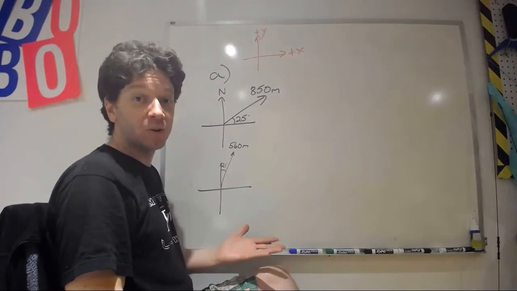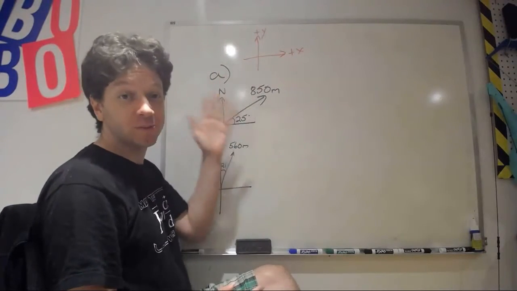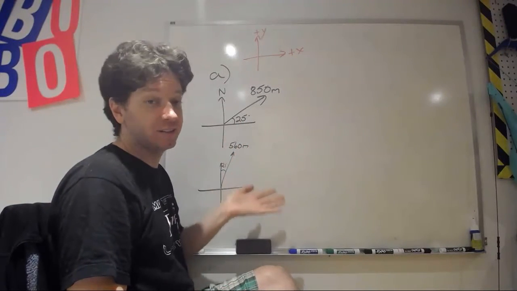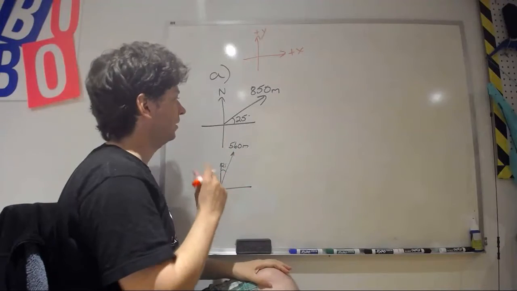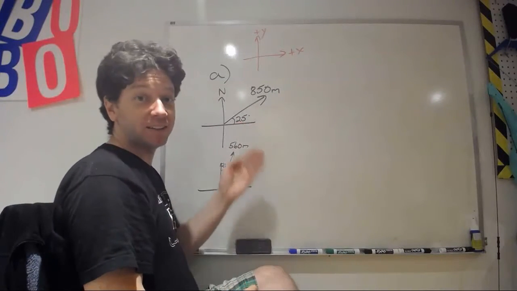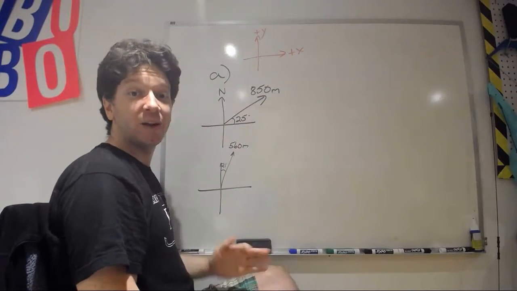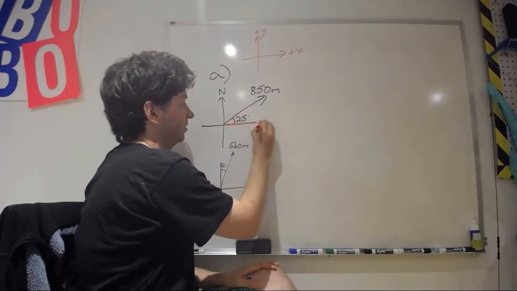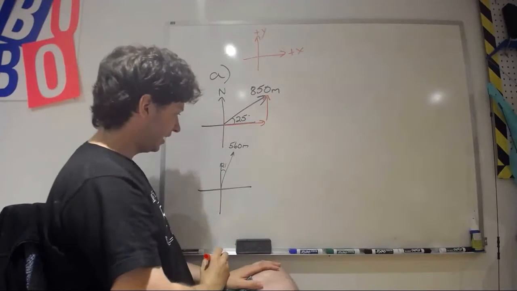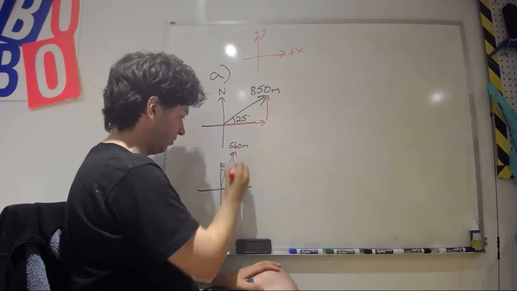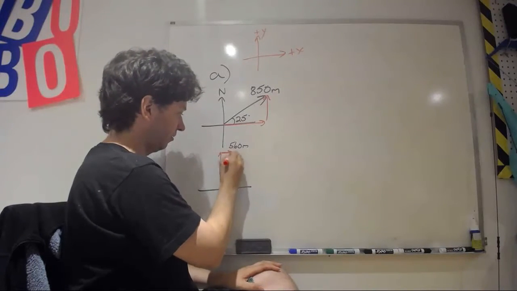Now that we have a coordinate system, which you should always write, and then you should stick with throughout the problem, we're going to split every vector that's not parallel to either our x or y into x and y components. So this one's going to have an x and a y, and this one, you could do it like this, or you could do it like this.